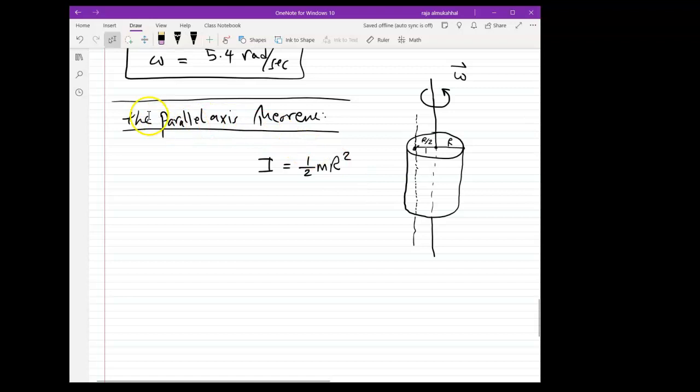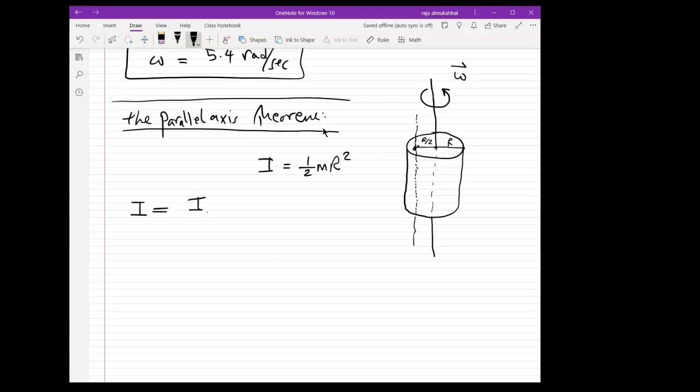Well, here is where the parallel axis theorem, the PAT, comes to the rescue. The parallel axis theorem tells you the moment of inertia for an object rotating off center is equal to the following simple formula.